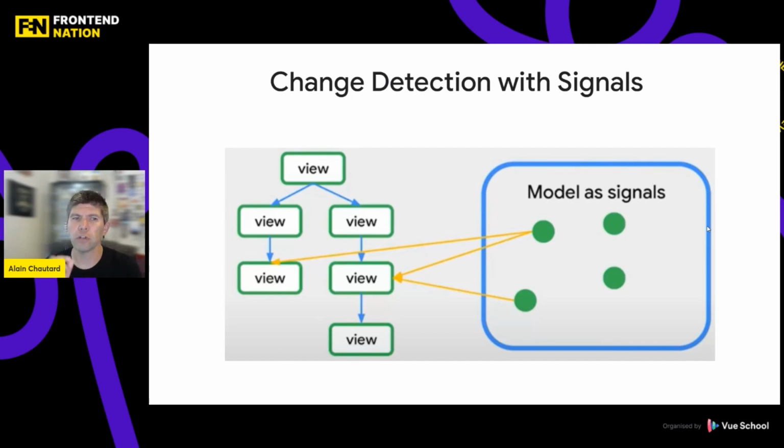As a result, when we change the value of a signal, Angular is going to be able to update just that small part of HTML template that depends on that signal. And if there's many of them, it's going to update all of them.